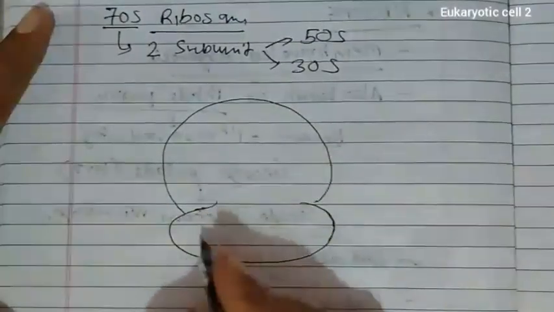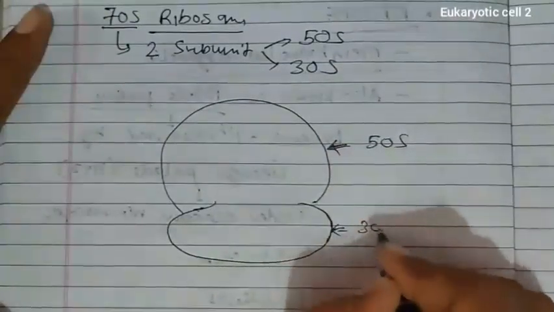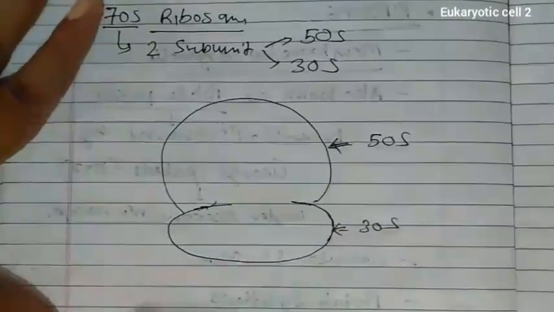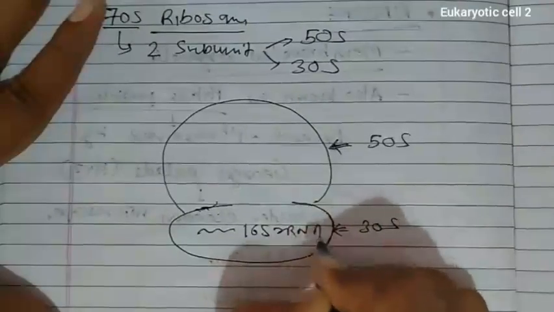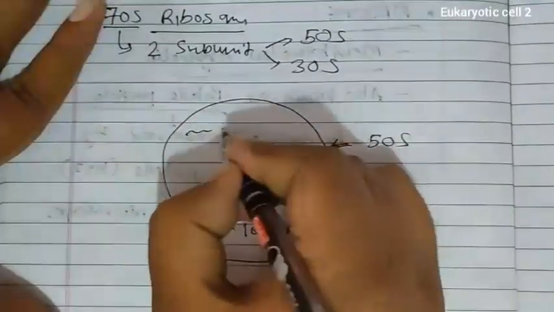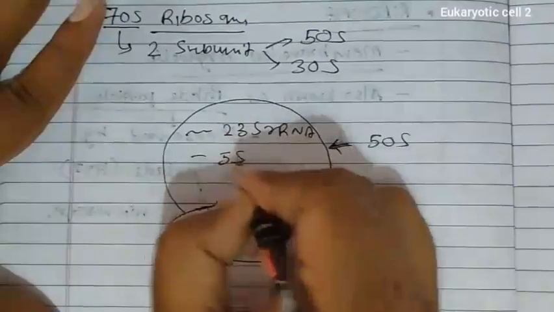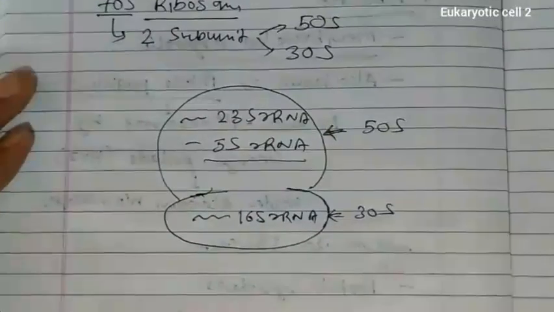Okay, so this is 50S and this is 30S. Now it is made up of rRNA and protein. In this you will find 16S rRNA, and here you will find 23S rRNA and 5S rRNA. So these are the rRNAs present in the large and small subunits.